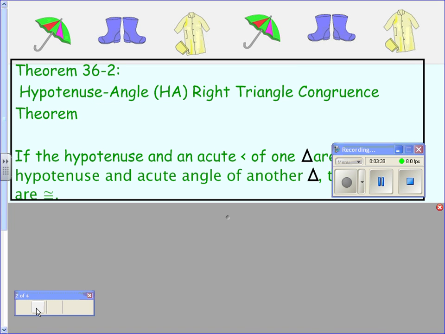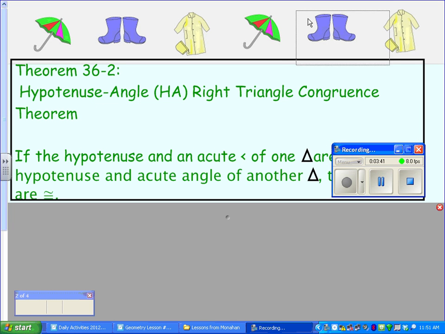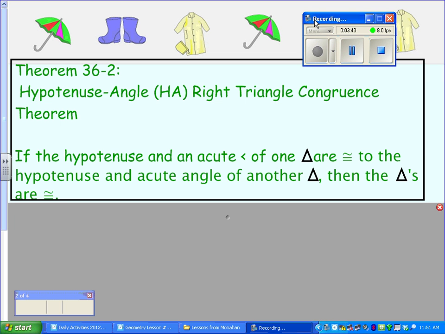We also have the hypotenuse angle right triangle congruence theorem, HA.